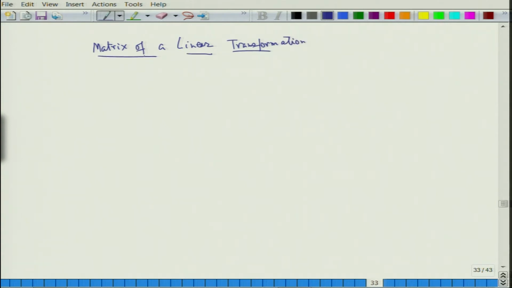Alright. So I have a vector space V. Its dimension is, let it be n. Fine. I have another vector space W, its dimension is m, and T is the linear transformation that I am looking at.